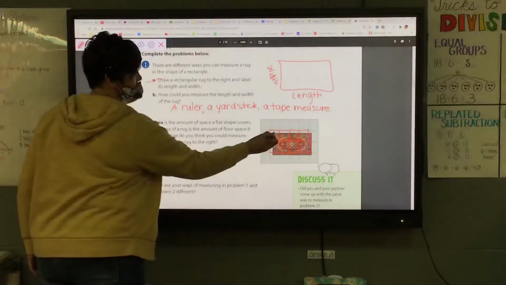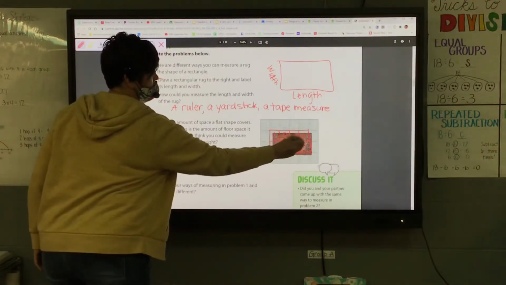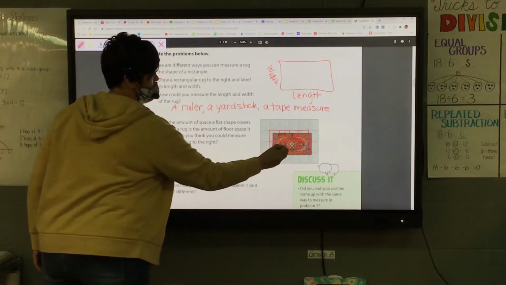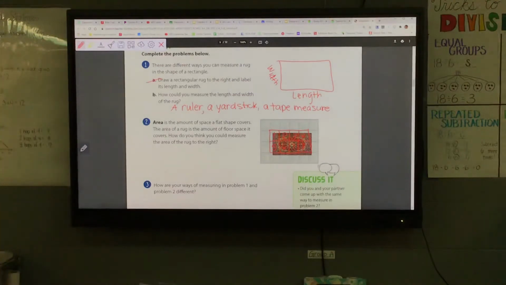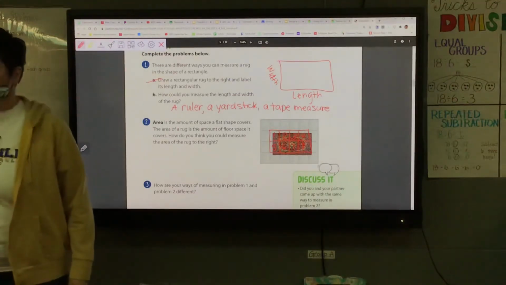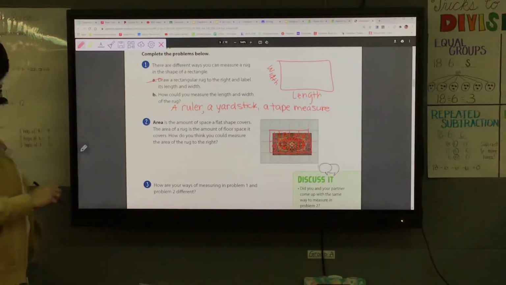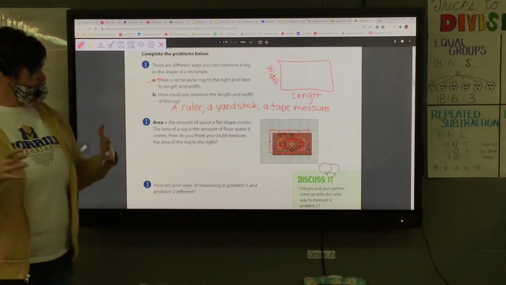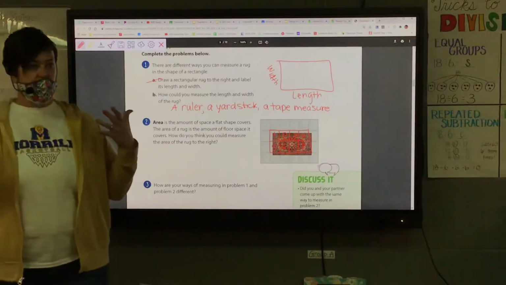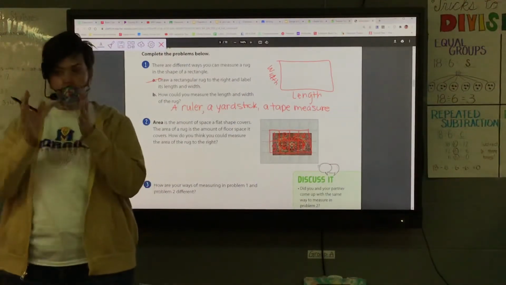How many is this? 1, 2, 3, 4, 5, 6, 7, 8. So 8? 4 on the top and 4 on the bottom. Okay. So there's 8 total. So the rug would be 8 square units because these tiles are a square unit.